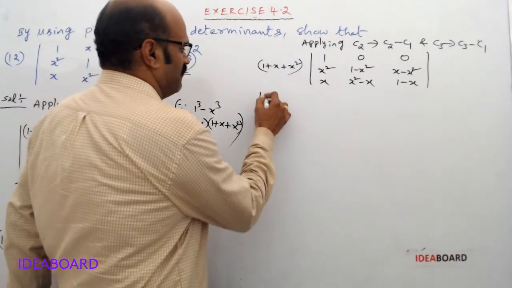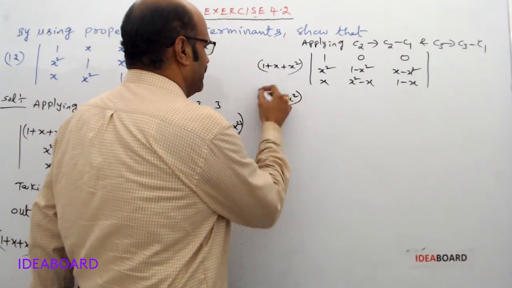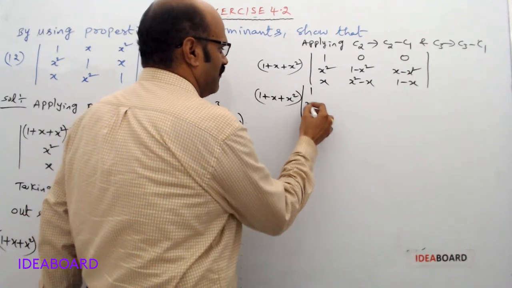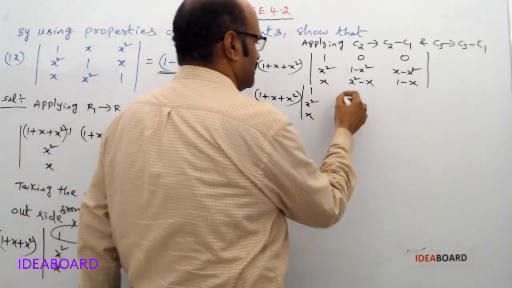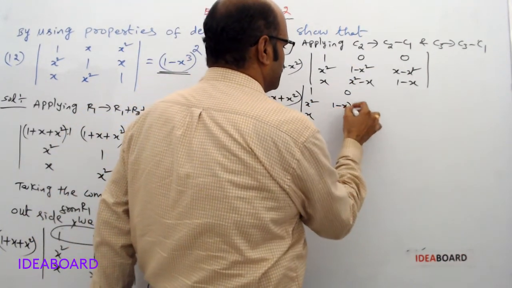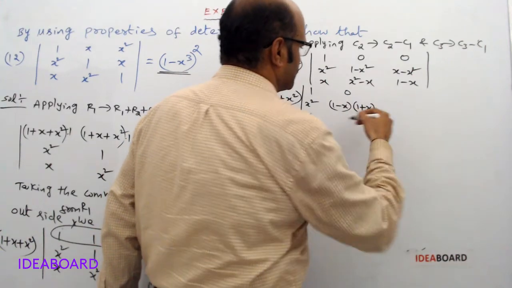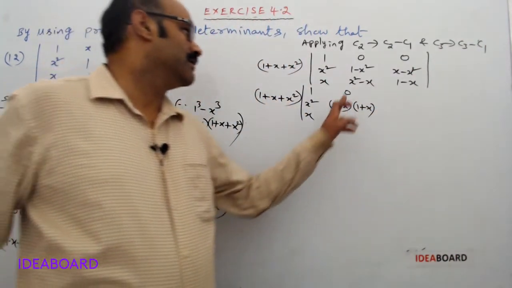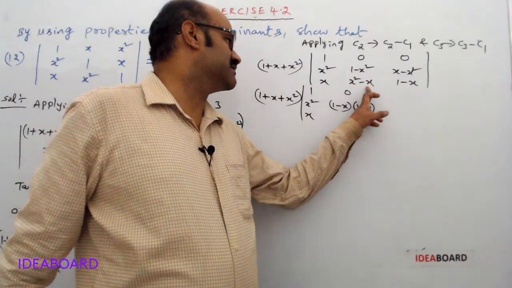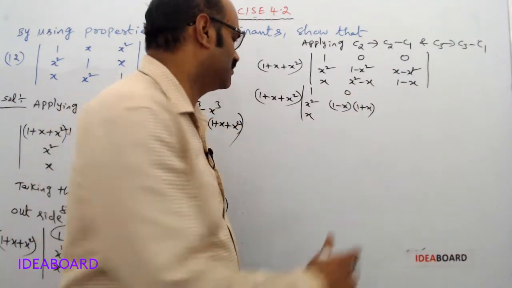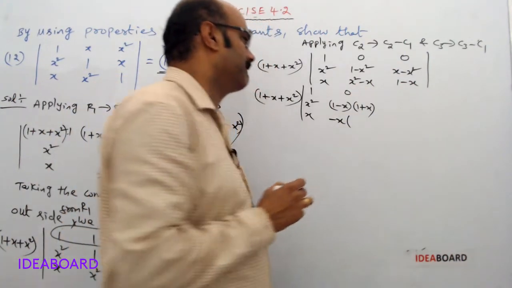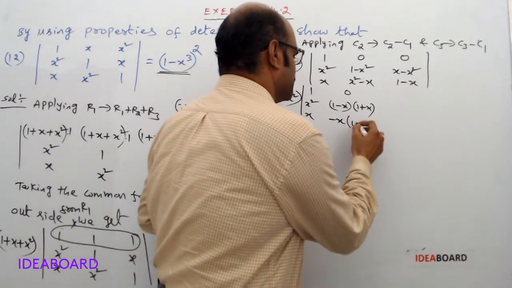So 1 + x + x² into the determinant of 1 x² x. Here we write (1 − x)(1 + x). Now take common minus x here.